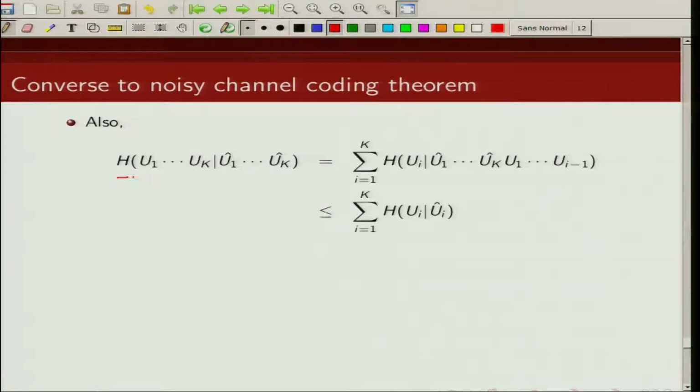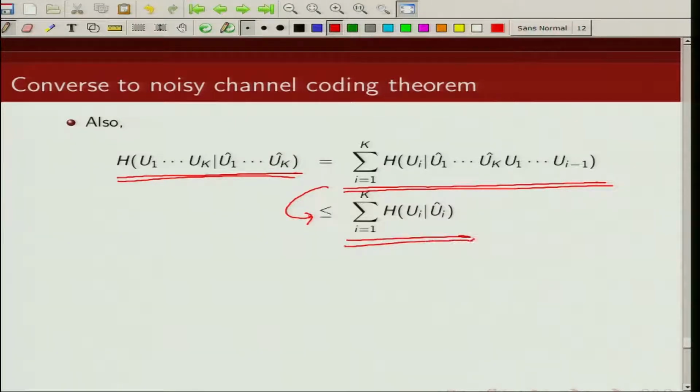Now let us further simplify this term. Using the chain rule, I can write this conditional entropy in this particular fashion, and as we know, conditioning cannot increase entropy. So this particular term can be upper bounded by the uncertainty in ui given ui hat.